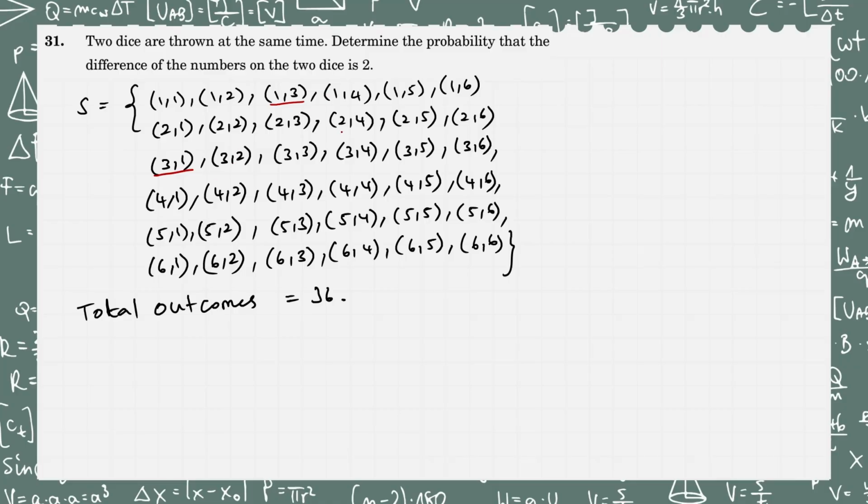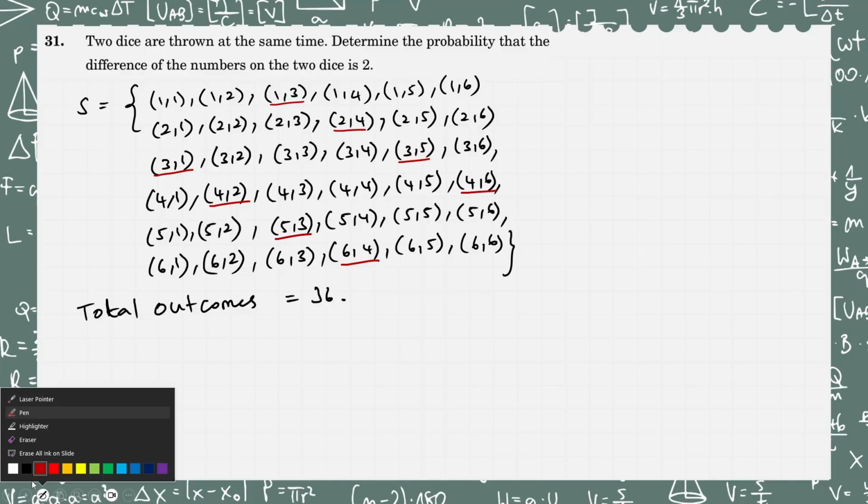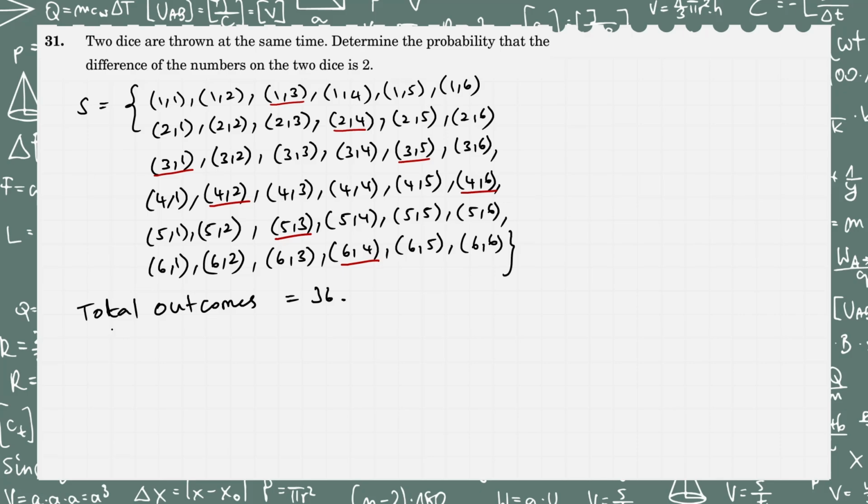Same way (2, 4) and (4, 2) both have a difference of 2, and same way (3, 5) and (5, 3) both have a difference of 2, and same way (4, 6) and (6, 4) both have a difference of 2.